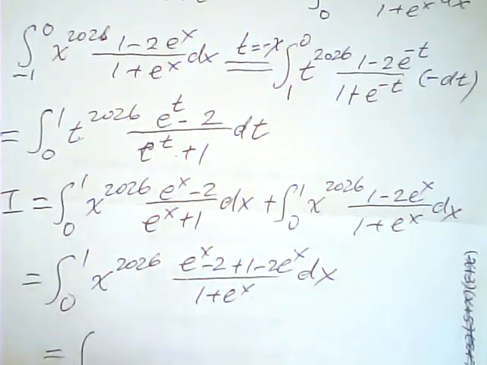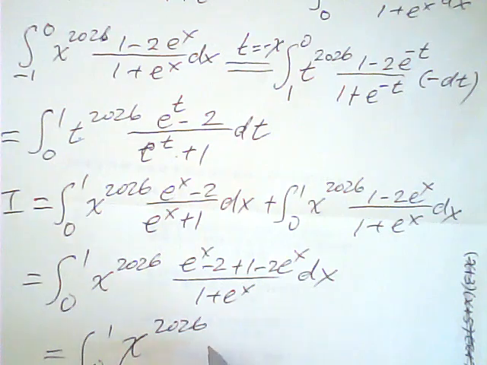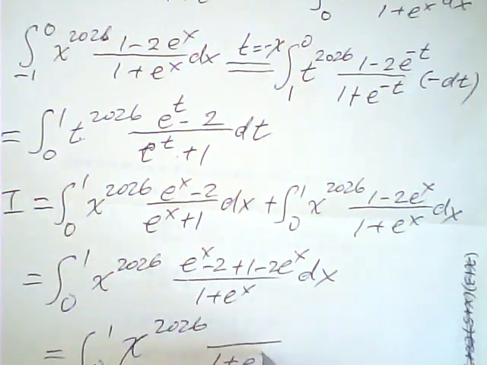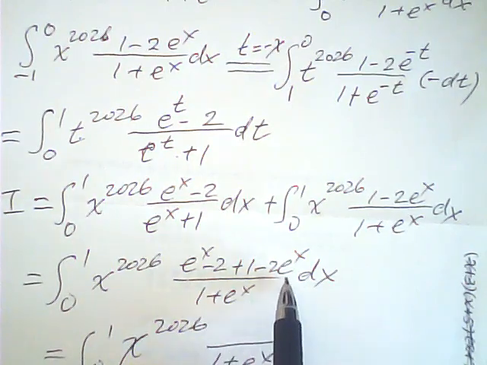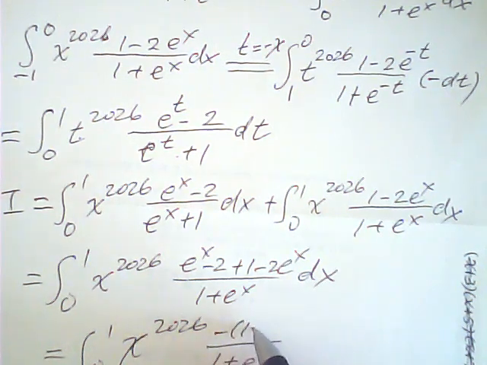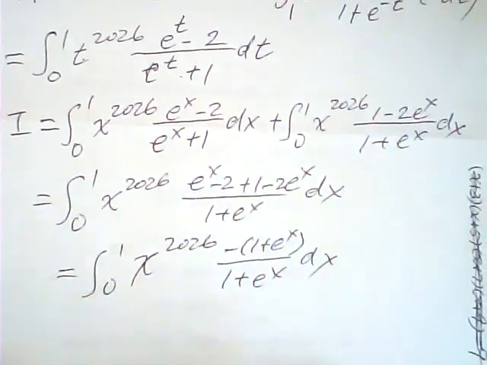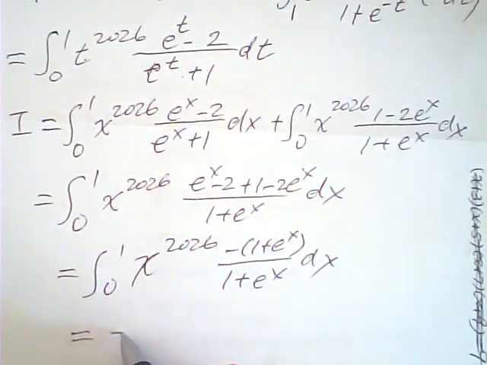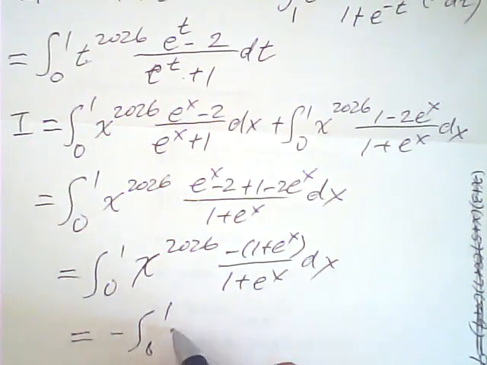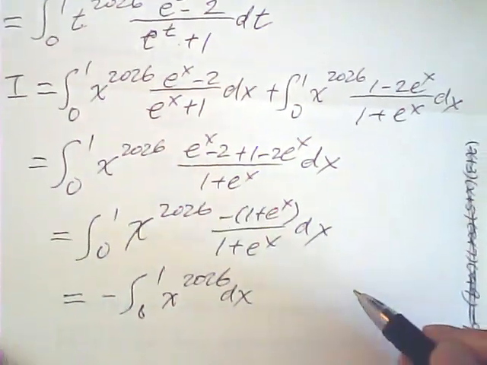So this becomes 0 to 1, x^2026. This is a negative 1, this is negative e to the power x, so it goes negative 1 plus. Yeah, this is nothing but negative 1, isn't it? So it becomes negative, 0 to 1, x^2026 dx.